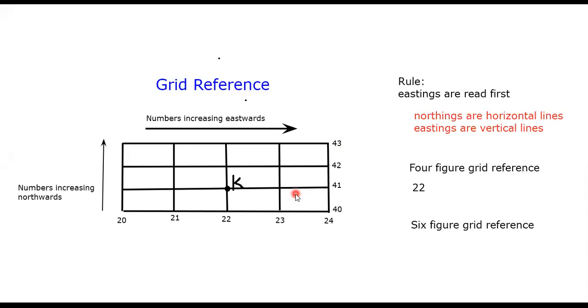What would be the next two figures? Based on this, you can see that it's on 41. So it would be 41, and it's as simple as that. That is the four-figure grid reference.